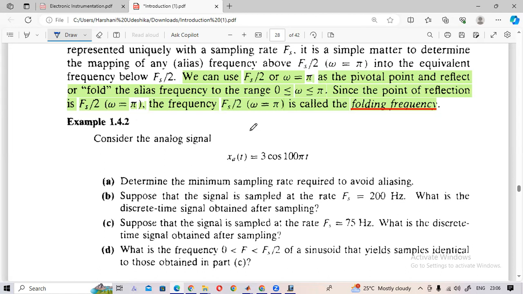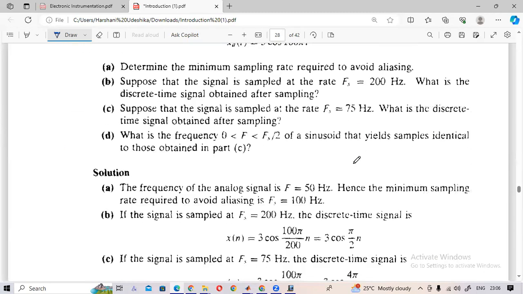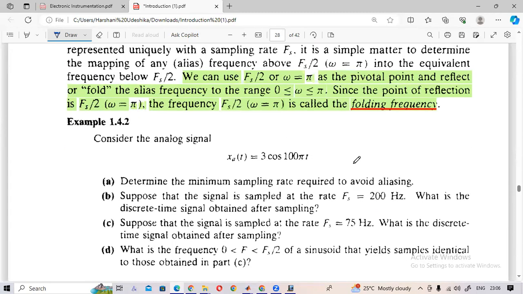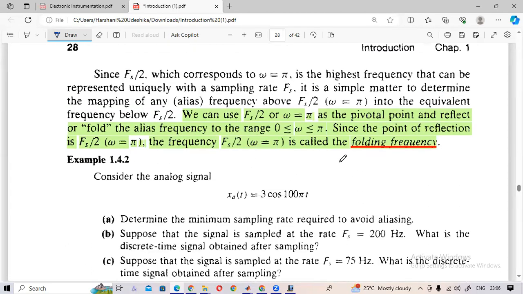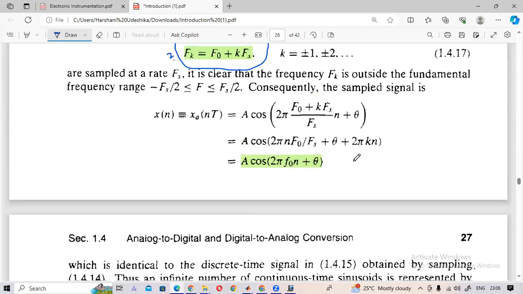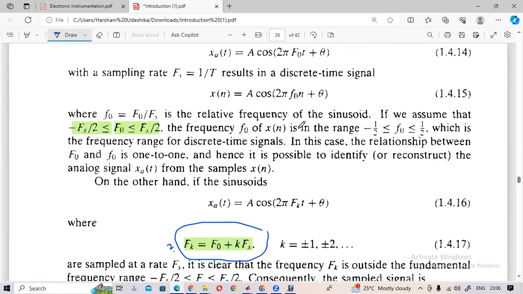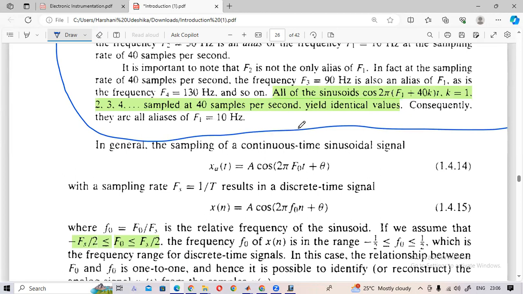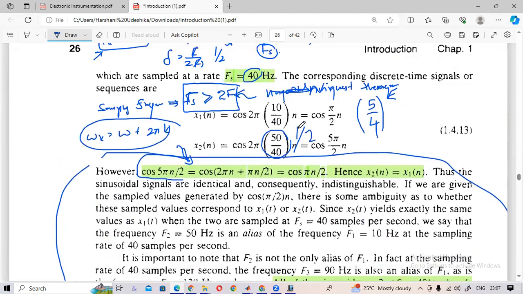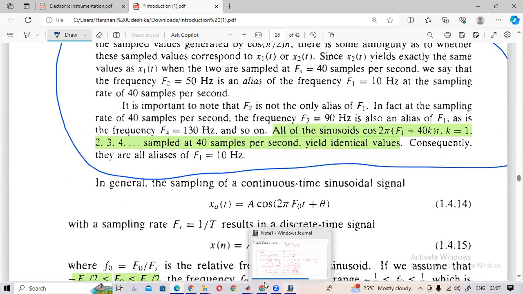Now again we need to see what the folding frequency is, and we need to calculate it. I think today we couldn't complete all the things because my time is already past our two hours. So try to understand up to here using the mathematics.